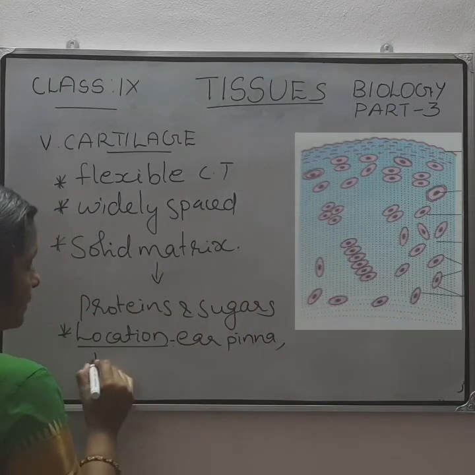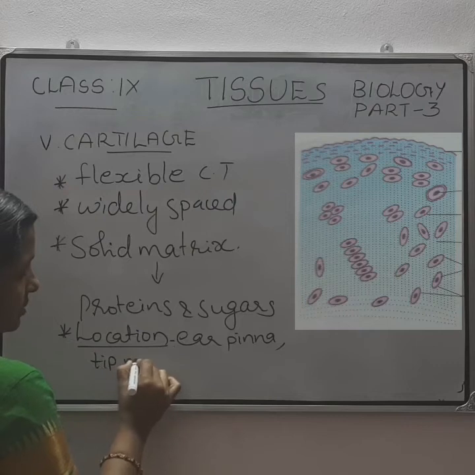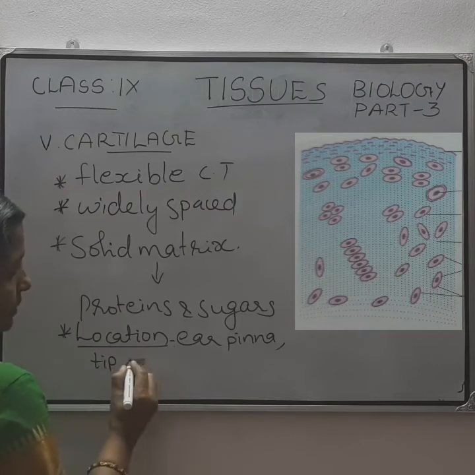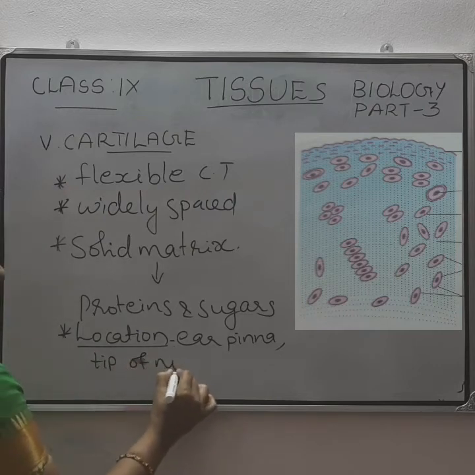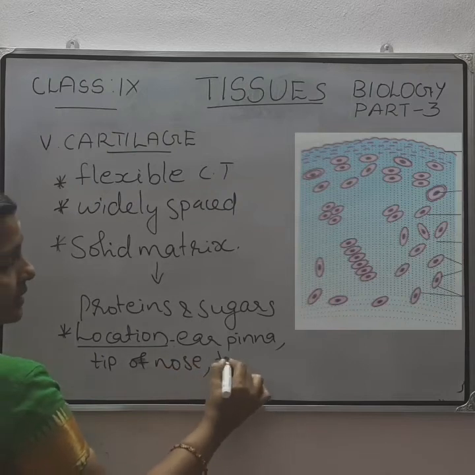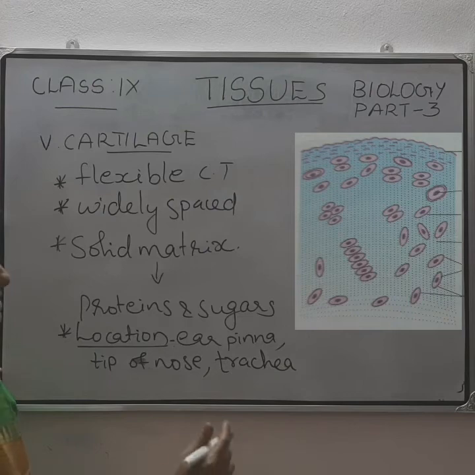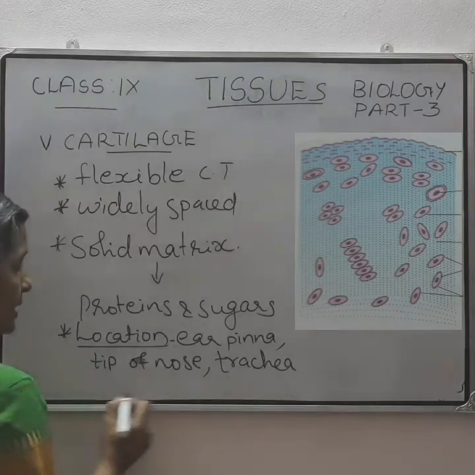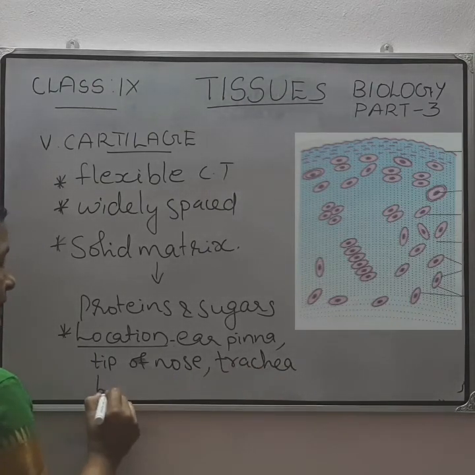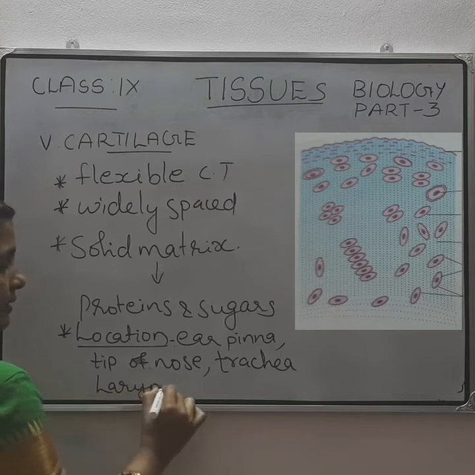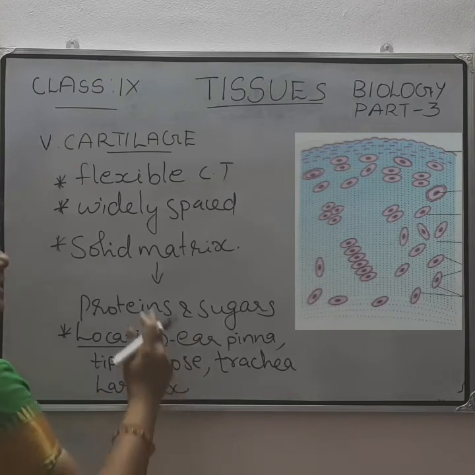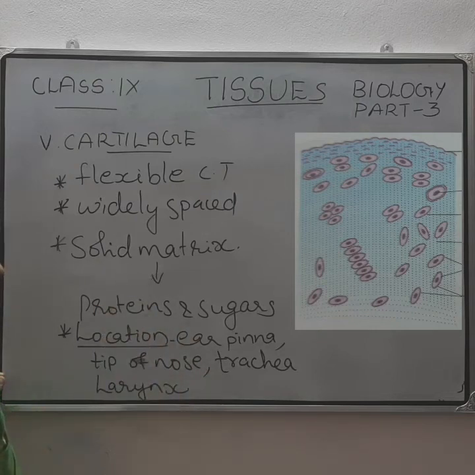Then at the tip of the nose. Then in the trachea, especially in the rings of cartilage, that is trachea rings, and in the larynx. In these regions we can see this cartilaginous tissue.